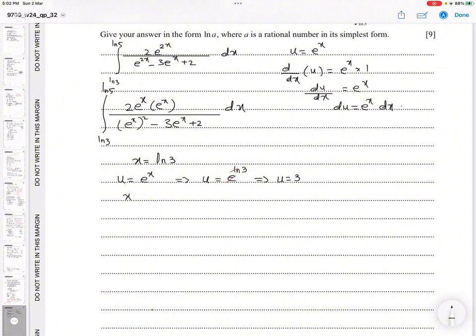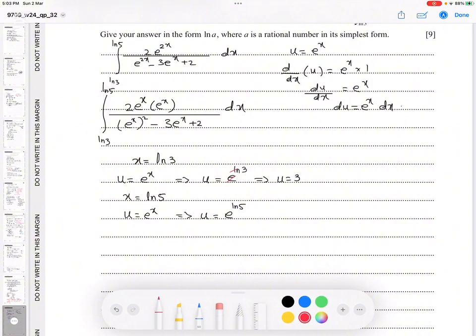And my x is equal to ln 5. I have u is equal to e power x. And I can write u is equal to e power ln 5.